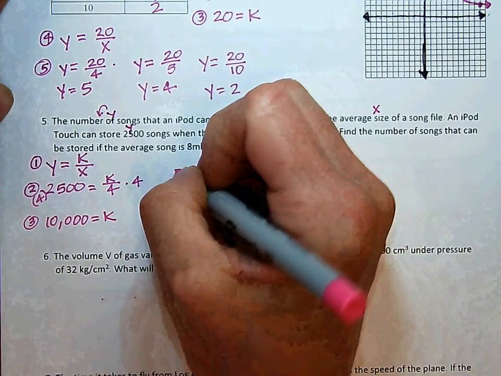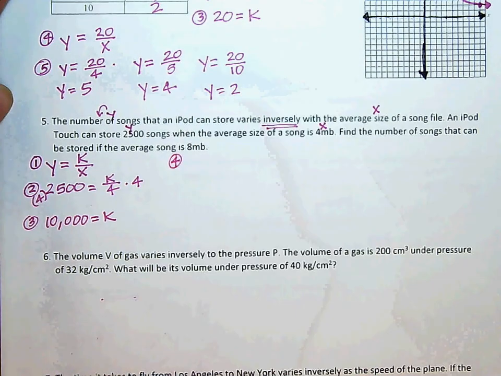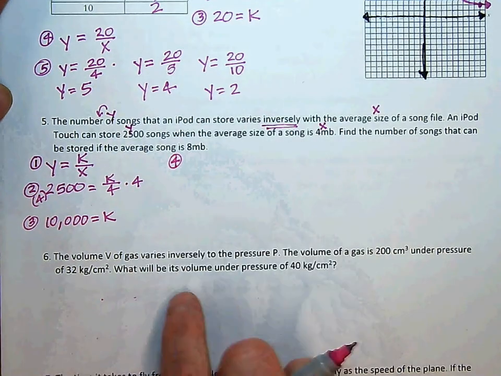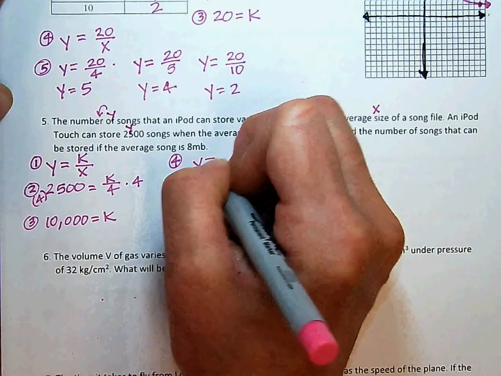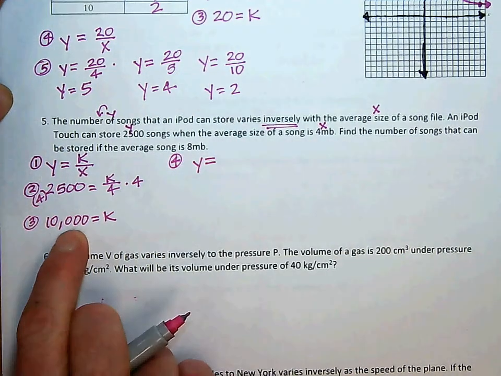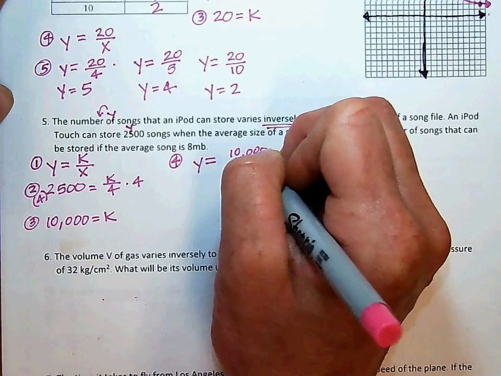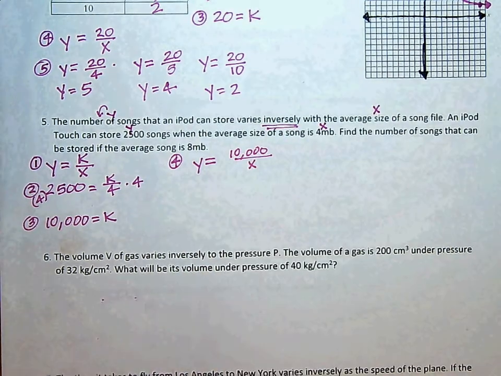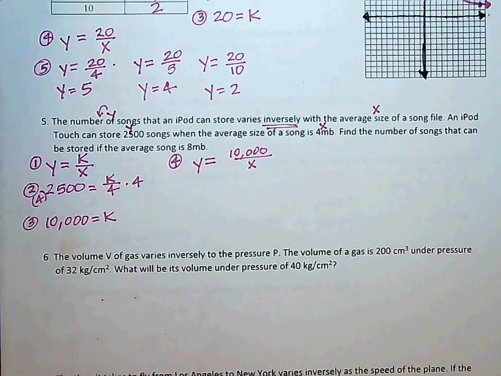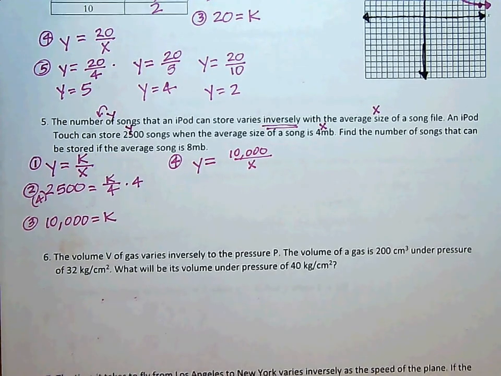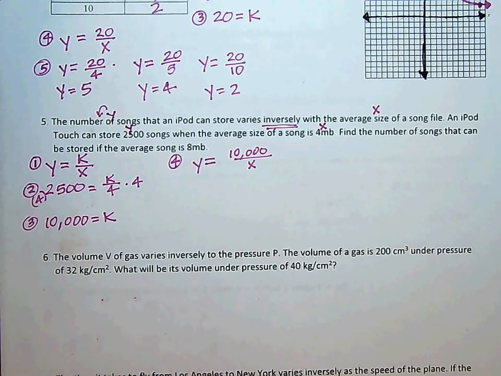Step 4, we're writing the function that models this scenario. So that is Y equals 10,000 over X. Okay, but now let's go back to the problem. It says find the number of songs that can be stored if the average song is 8 megabytes.